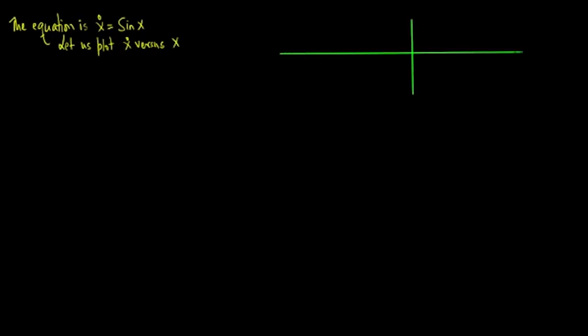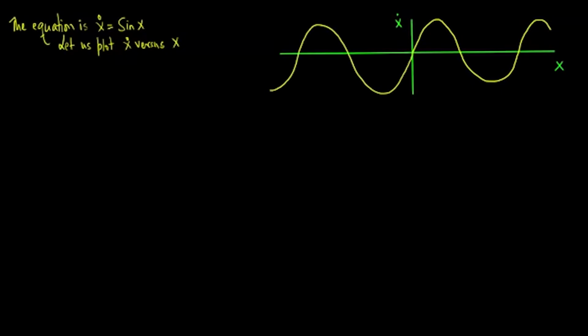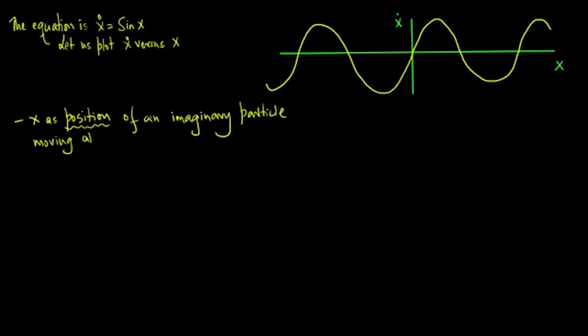Now the nonlinear equation at hand is x dot is equal to sine x. So let us plot x dot versus x. Now here is a slightly simple-minded plot of x dot versus x. Now think of x as the position of an imaginary particle that is moving along the real line.